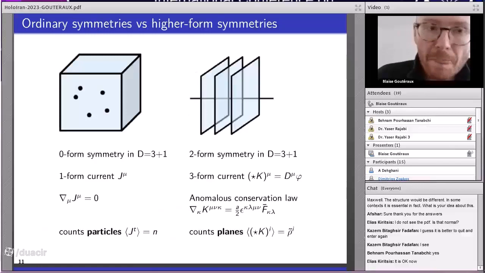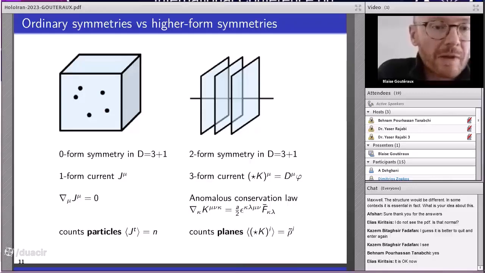Let me say a couple more words about the difference between ordinary symmetries and higher form symmetries. An ordinary symmetry in this language is actually a zero-form symmetry. It gives rise to a one-form current. A one-form current counts particle excitations, and we count them by considering some volume that is a dimension 0 manifold, integrating over all of it and counting all the particles that you have.